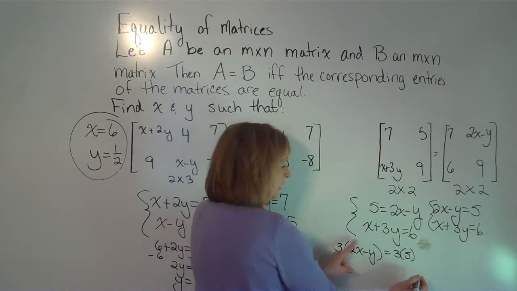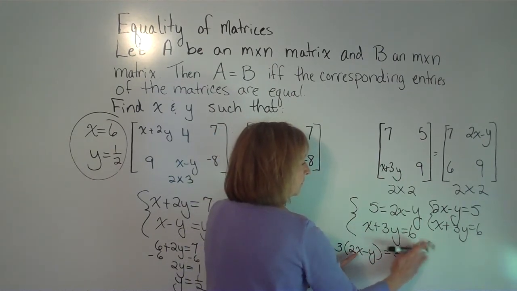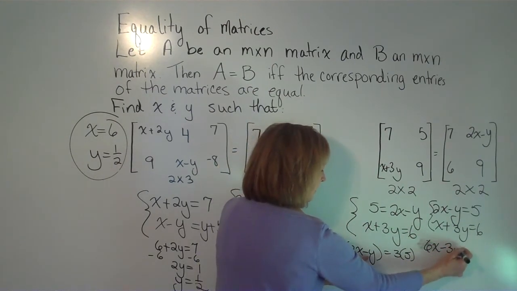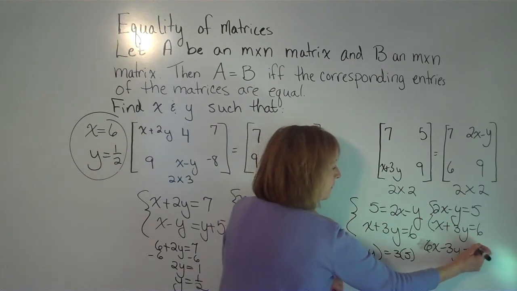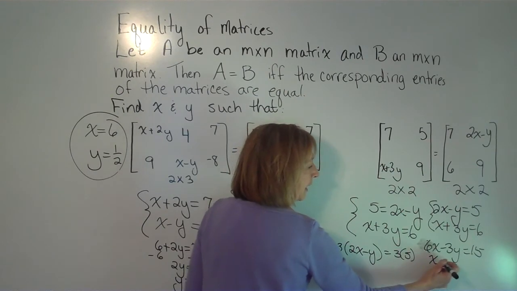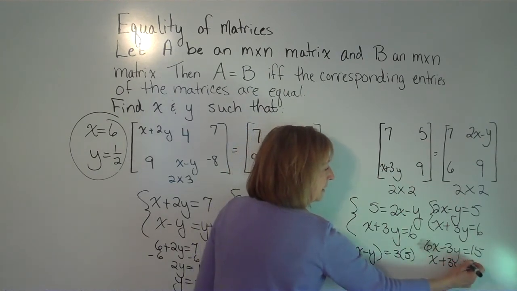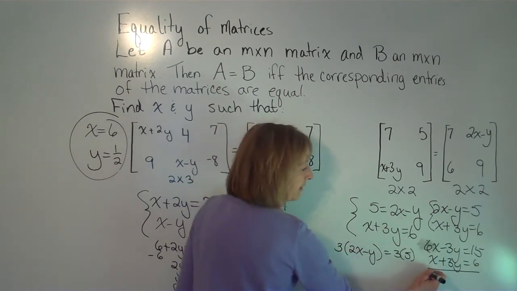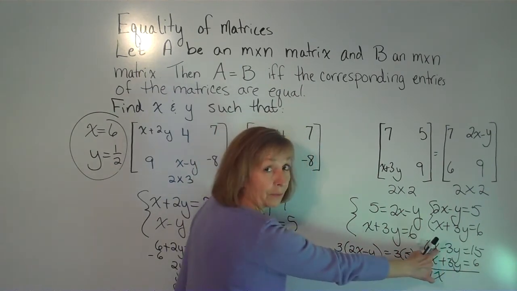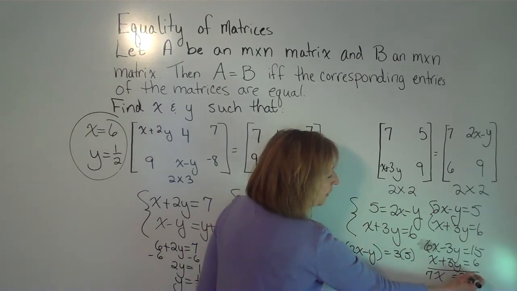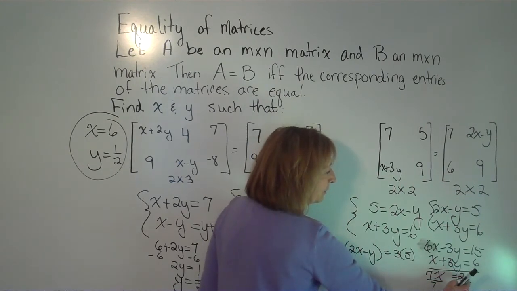So that gives me 6x minus 3y is equal to 15. And then I'm going to rewrite the second equation right below it. x plus 3y is equal to 6. And when I add them, 6x plus 1x is 7x. Negative 3y plus 3y is 0. They eliminate. 15 plus 6 is 21. And then divide both sides by 7. I get x is equal to 3.